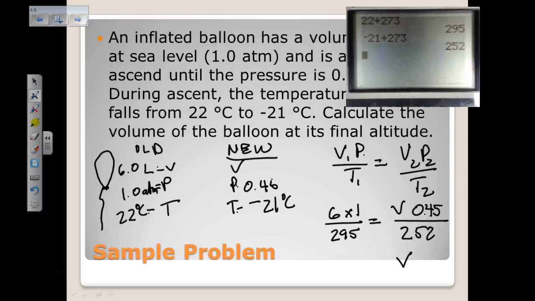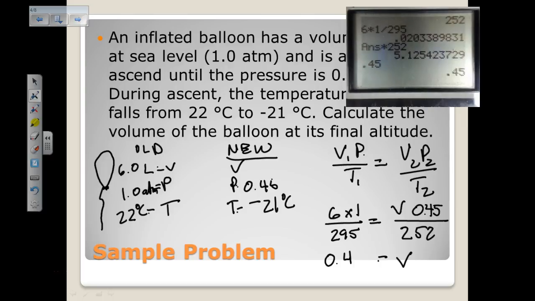So now we do the math here. We do 6 times 1. You don't have to multiply by 1, but in these videos I like to show all the steps. Divided by 295. Now we multiply both sides by 252, and then divide both sides by 0.45.